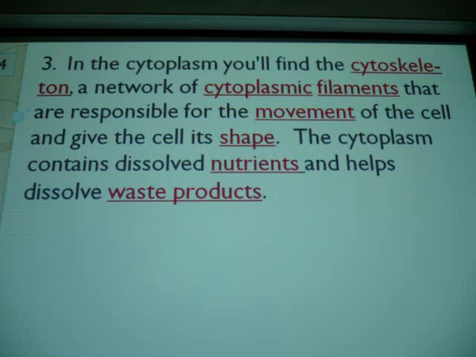Also in that cytoplasm, you'll find nutrients that have been dissolved. It also gets rid of waste products. The cell makes trash just because it is living. It needs the good stuff to keep living, and then uses the good. Even your house produces trash. When you cook dinner, you have boxes to throw away and wrappings to throw away.